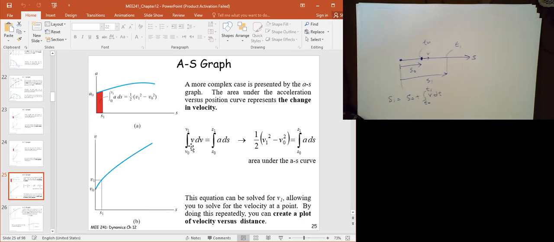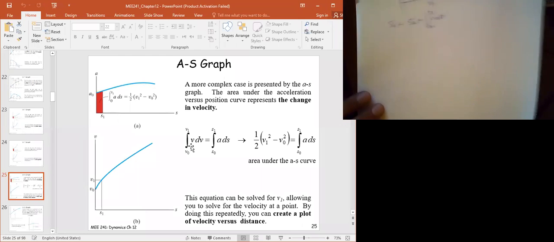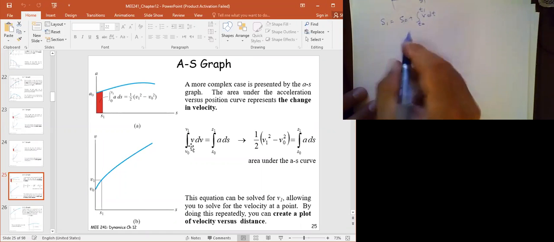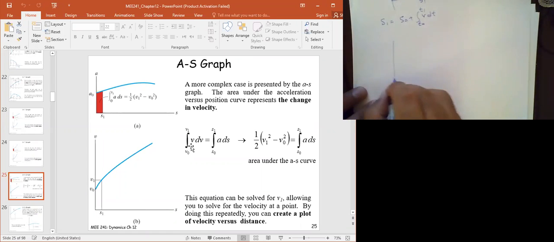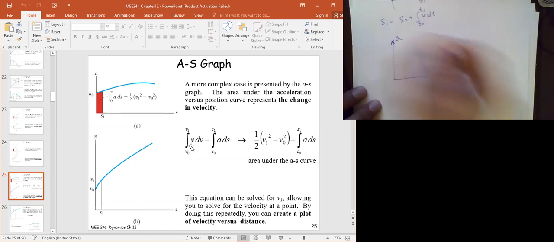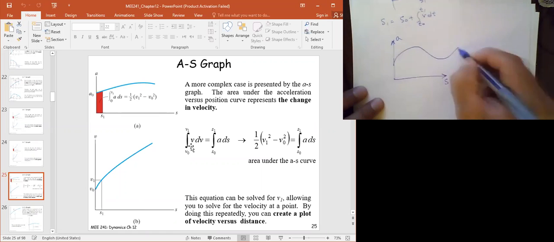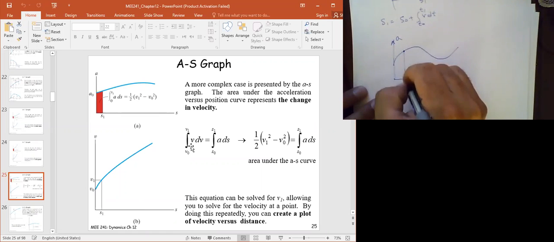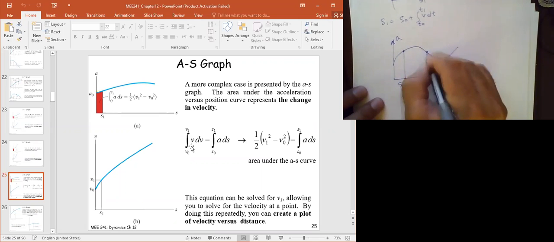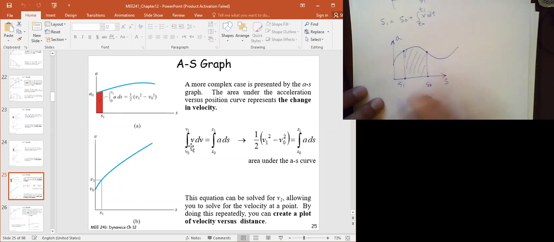Let's say I gave you the acceleration as a function of position, so you have an accelerometer, and you also have a way to measure the position directly, right? So what do you think that curve is going to be? If I took distance S1 and distance S2, this is a ds. Can someone tell me what that is equivalent to?